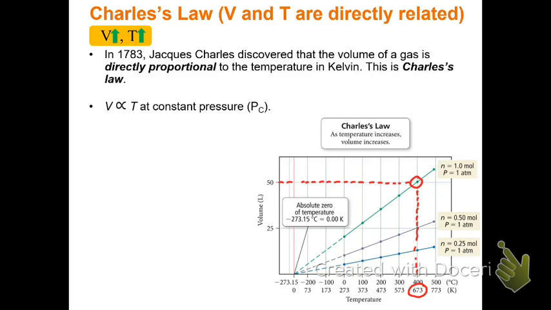So if we decrease the temperature by half, 673 divided by 2, we get 336 kelvins, so it's roughly right here. You would expect the volume to decrease by half, and as you can see, when you decrease the temperature by half, the volume also decreased by half.